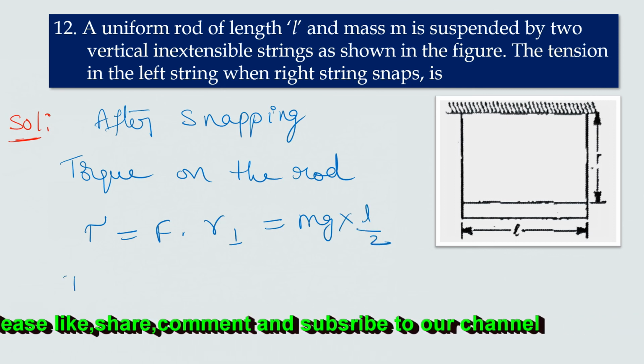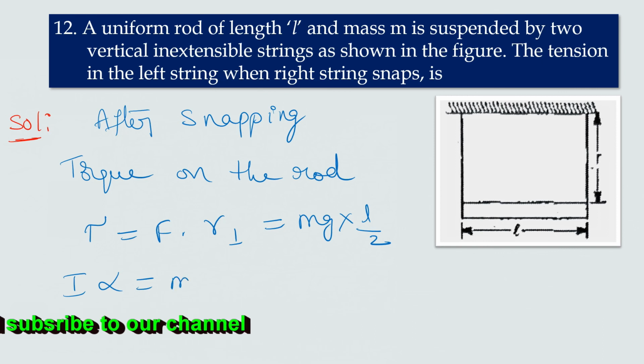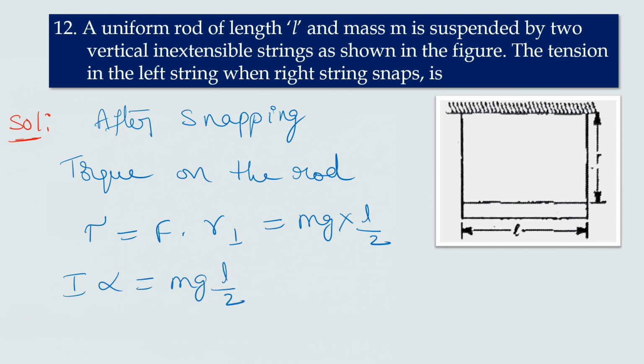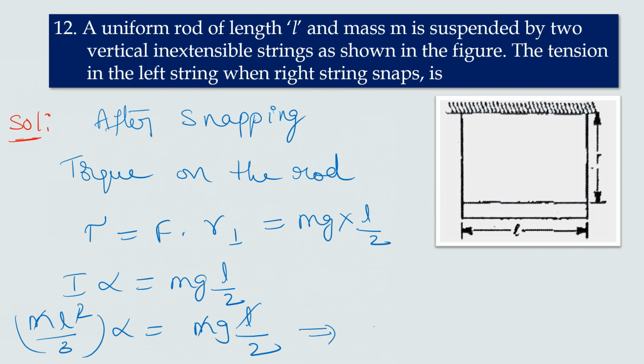So tau, which is nothing but I alpha, is equal to mg L by 2. So here m L square by 3 into alpha is equal to mg L by 2. Here m and L get cancelled. Now from this we write alpha is equal to 3g by 2L.